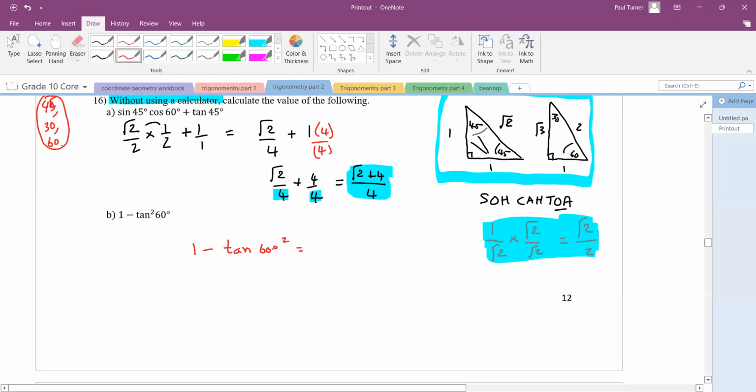So some students might think that's 60 times 60, but it's not. It doesn't mean that. So it's tan 60 times tan 60, okay? So you try that one for a minute and I'll wait to see what you could do. So try it without a calculator.